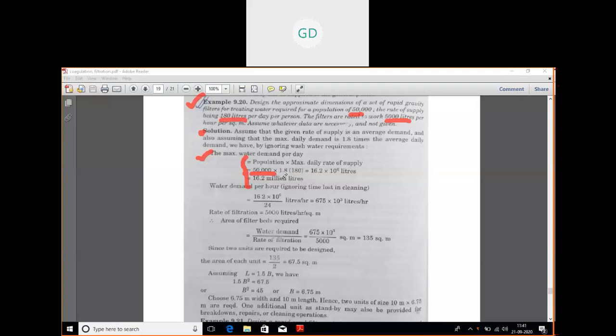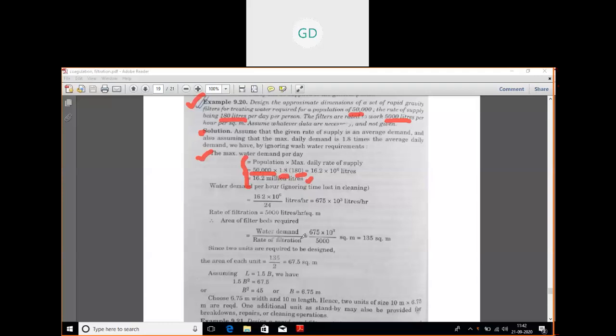Here they are directly multiplying also with 1.8, not doing it in two steps but completing it in one step: 1.8 into population into per capita demand. So they directly get the maximum daily demand, that is 16.2 million liters.